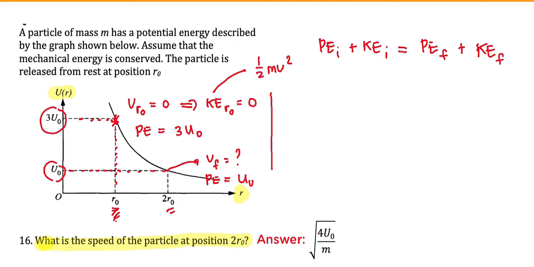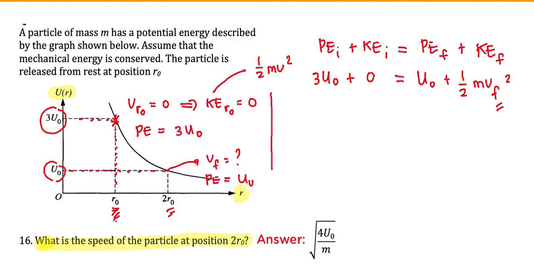So initially potential energy is 3 U0, and our kinetic energy initial is 0 since the object was at rest. And on the final position, the potential energy is U0 plus the kinetic energy, which is 1/2 m vf squared, and the final velocity is what we need to solve for.